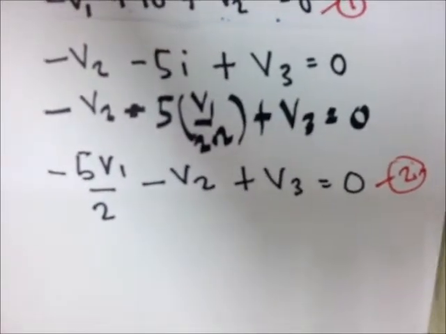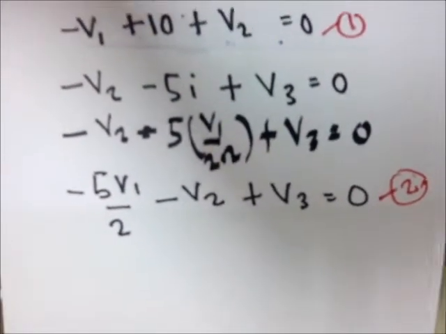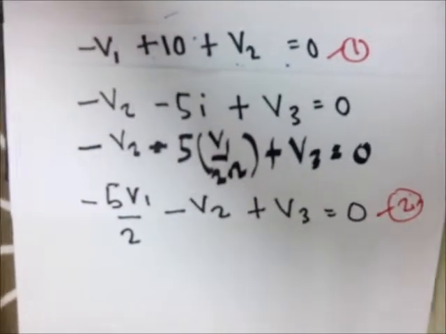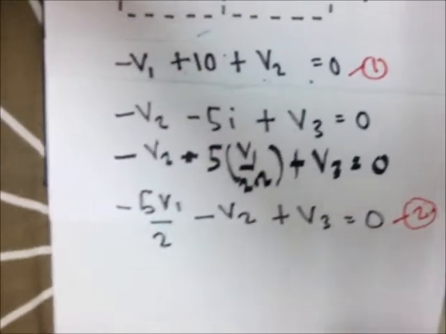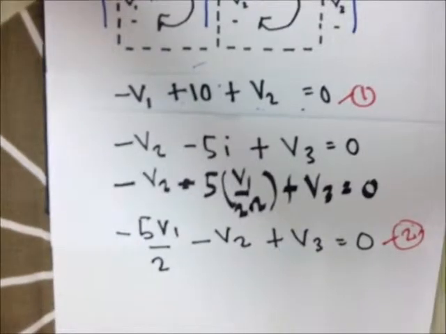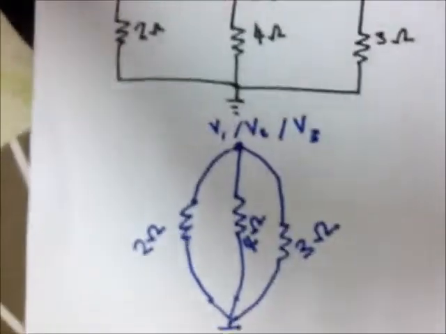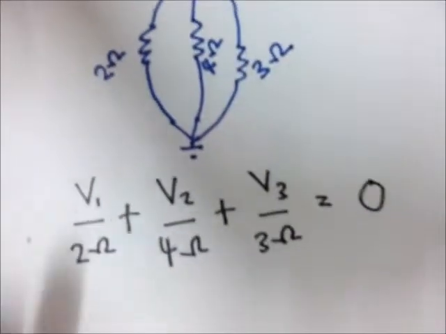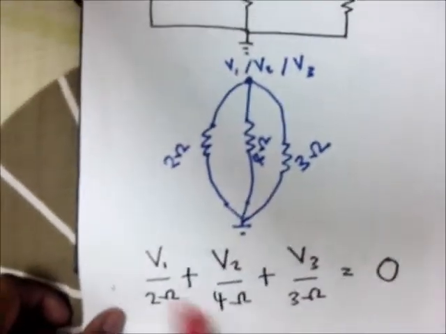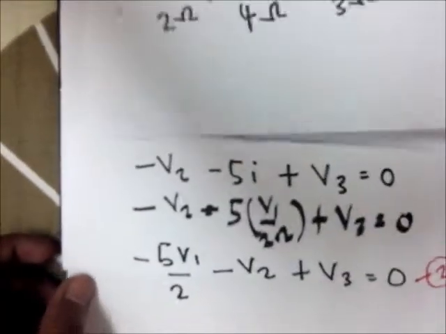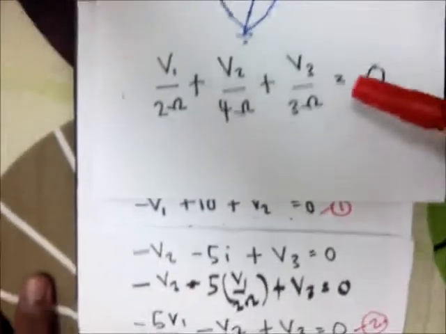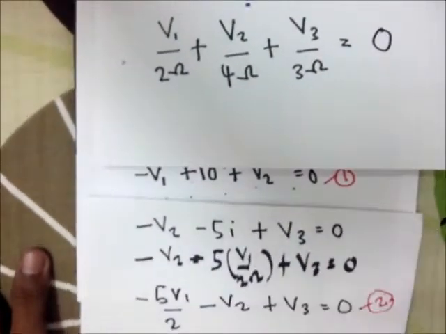So you have a total of 3 equations, including the one you got from the step where the voltage source was taken out. All together you have 3 equations.